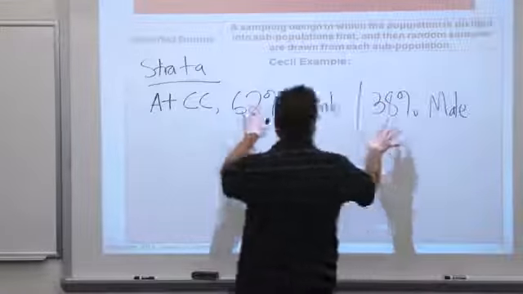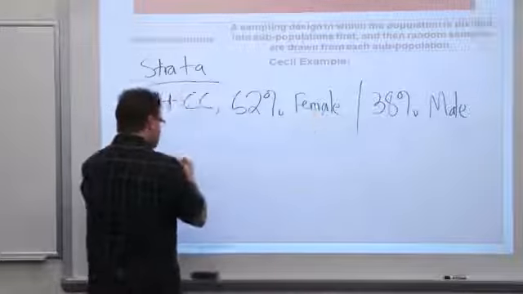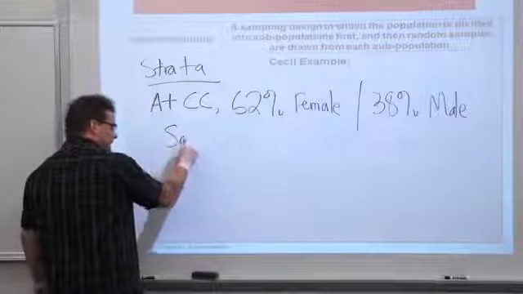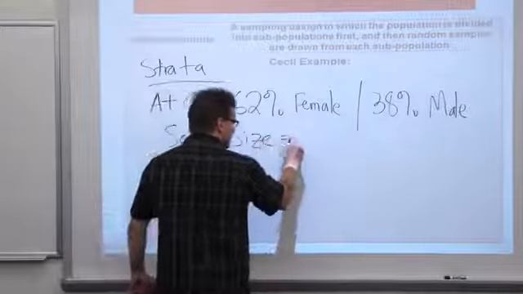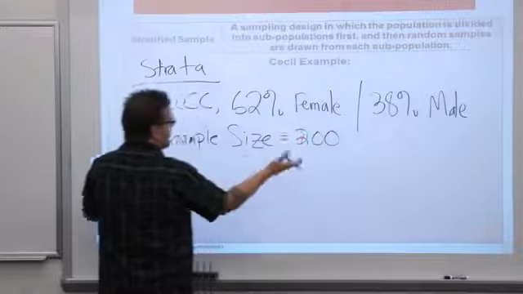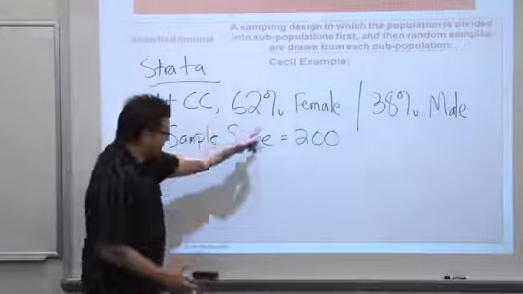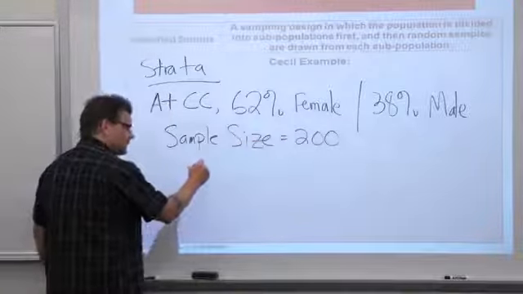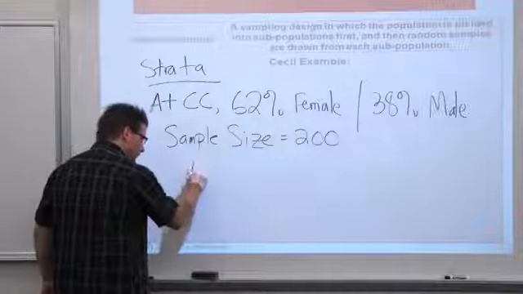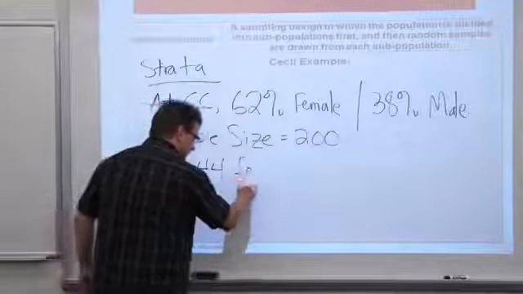So I take my students, I'm going to pick 200. Sample size totals 200. What I will do is make sure that 62% of the 200 are female. So how many females would that be? Looks like 144 females.